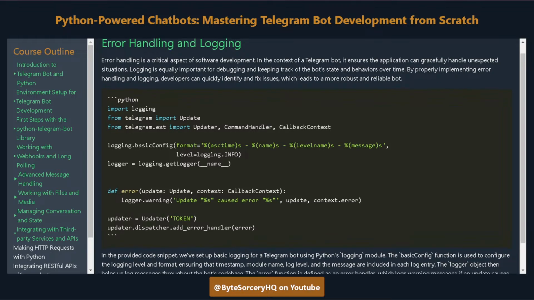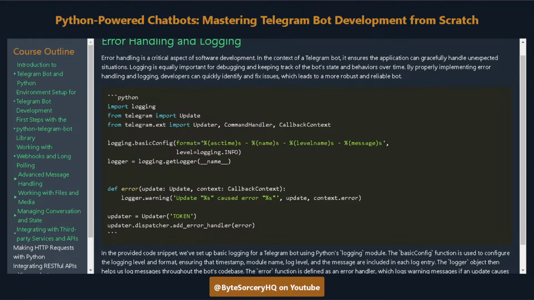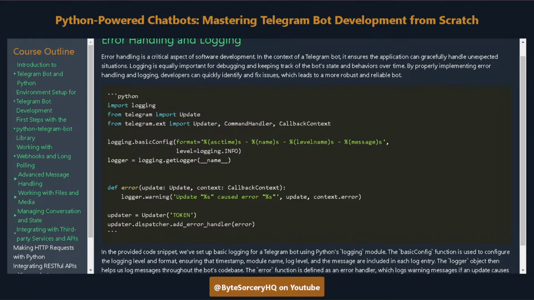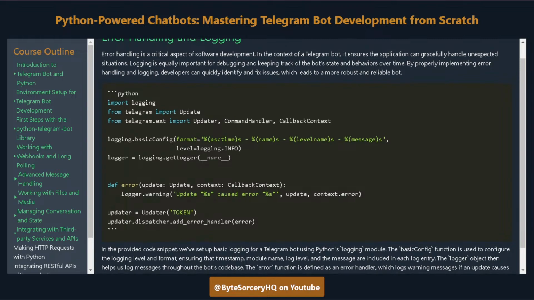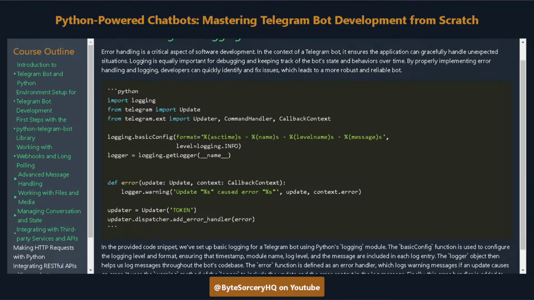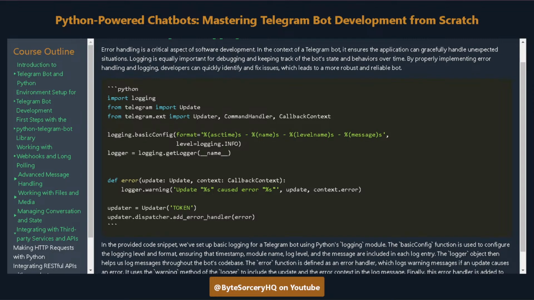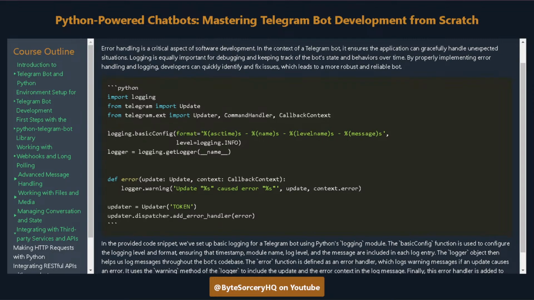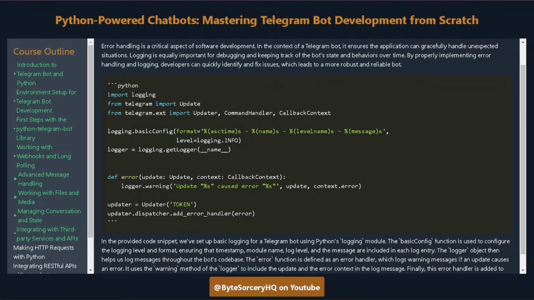By properly implementing error handling and logging, developers can quickly identify and fix issues, which leads to a more robust and reliable bot. In the provided code snippet, we've set up basic logging for a Telegram bot using Python's logging module. The basicConfig function is used to configure the logging level and format, ensuring that timestamp, module name, log level, and the message are included in each log entry.